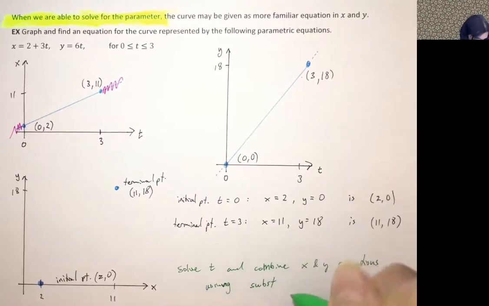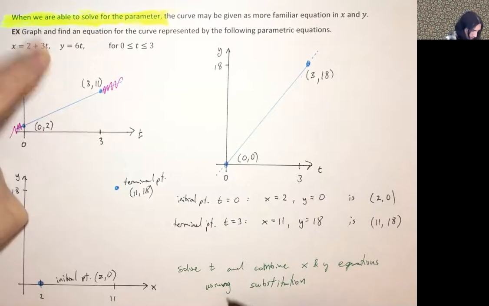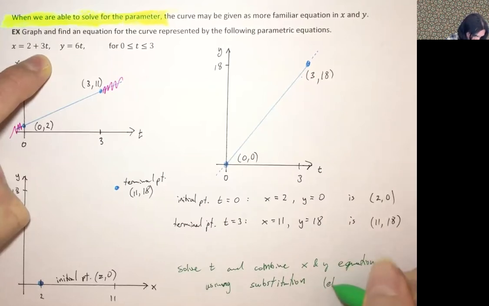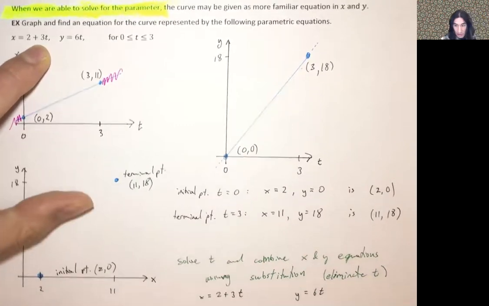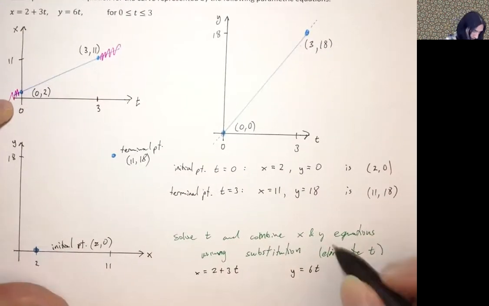And what you'll see is that we are able to eliminate the parameter, we call it. Let's actually write that right here. Eliminate t, elimination of the parameter. So I'm going to solve for t right here in my x equation, say, or my y equation. In this case, it looks like solving for it in my y equation is actually a little bit easier. So I'll go ahead and do that.